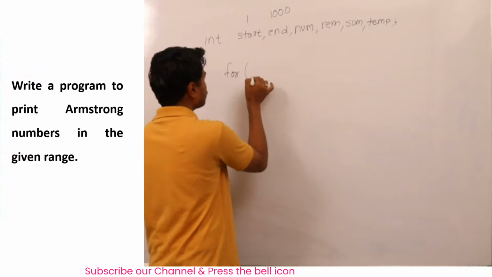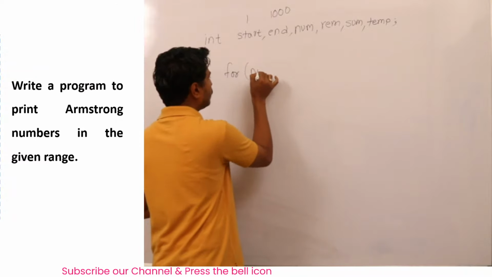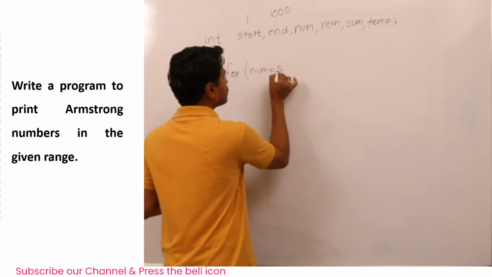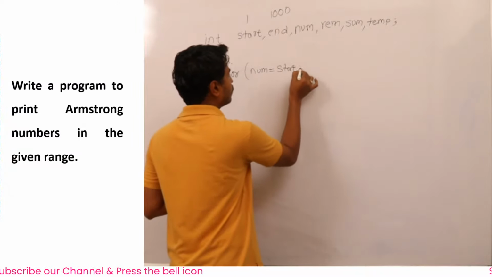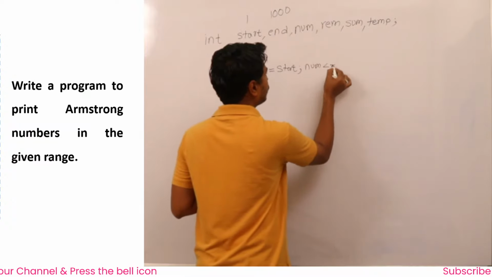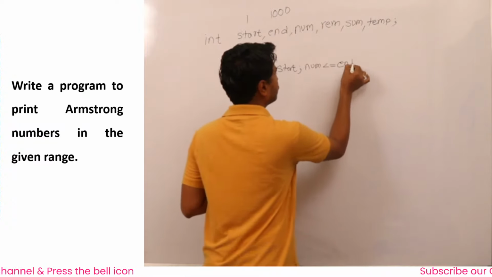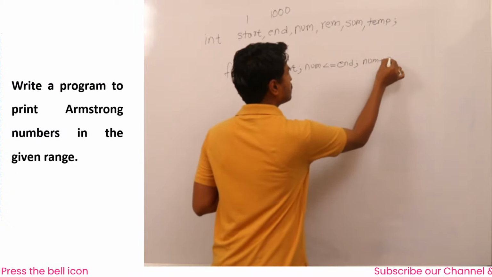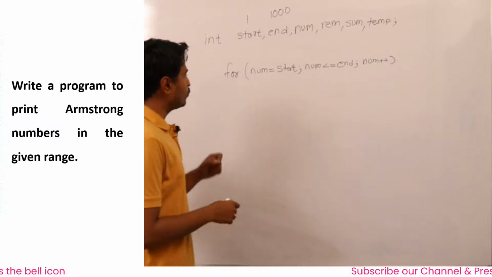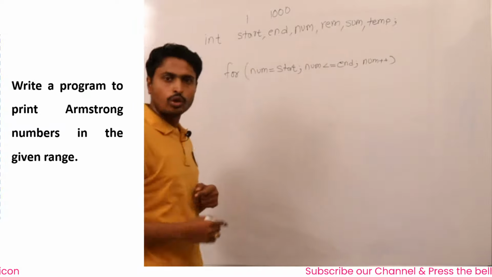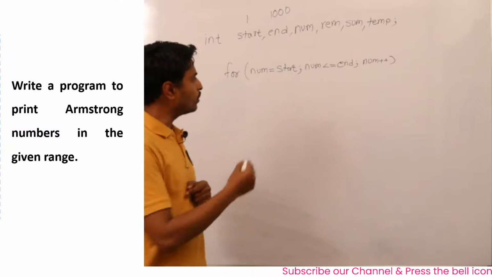The number will start from the start variable, and the number is less than or equal to end, and number plus plus. This is the for loop, so that we can vary the number from start to end.